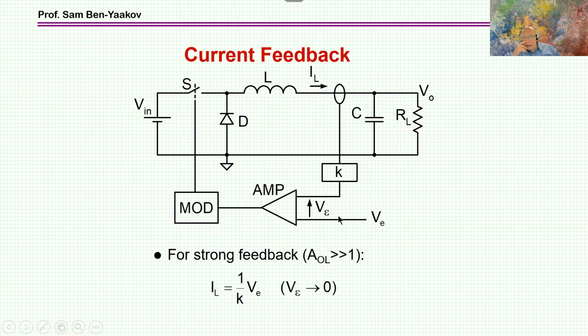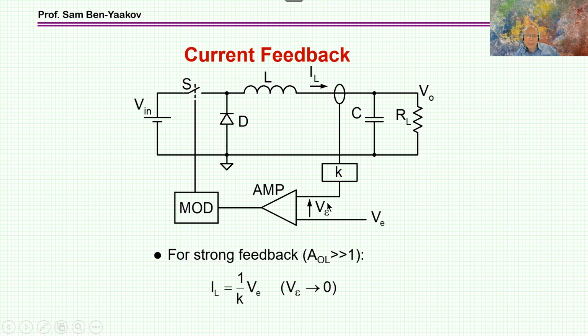So here is a general scheme of current feedback. This is the buck converter, the switcher, the diode, inductor. Here we measure the current, translate it to a voltage, for example, by passing it through a resistor or some other means that will produce an output voltage proportional to the current.